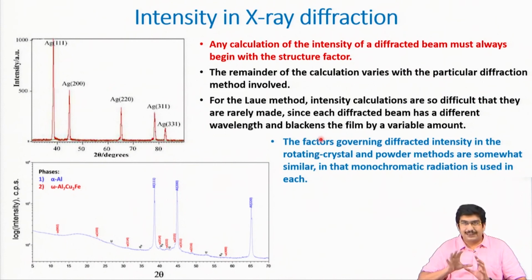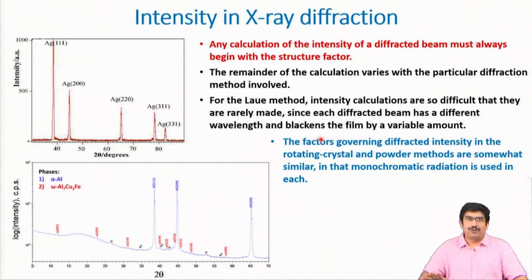This intensity again will depend on the specific X-ray diffraction method. For example, in Laue diffraction, the calculation of the intensity of the diffracted beam is very difficult, and it also depends on the sensitivity of the film on which the diffraction pattern is recorded.